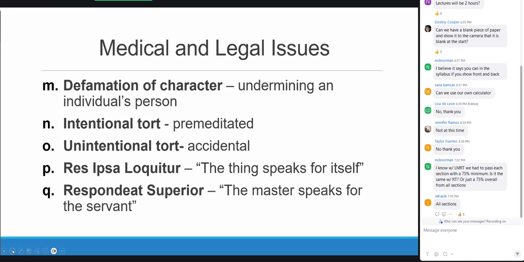And so with respondeat superior, the master speaks for the servant because the corporation hired all of these people to run the business, and then these people hired specific individuals to do the work. Ultimately, the corporation is responsible for the little guy at the bottom of the ladder.